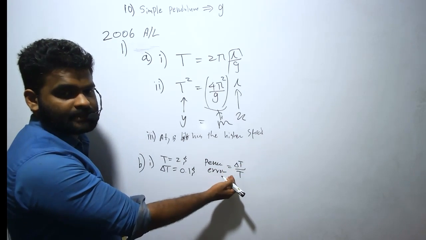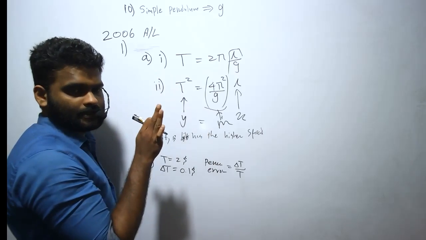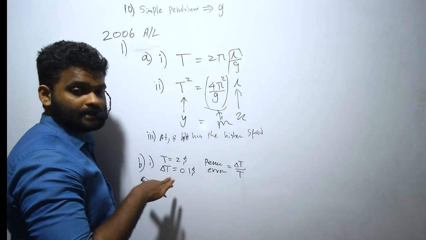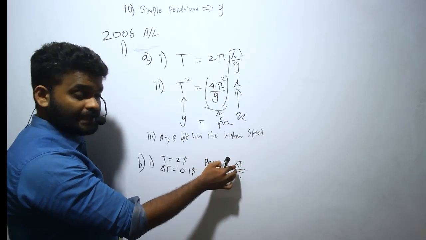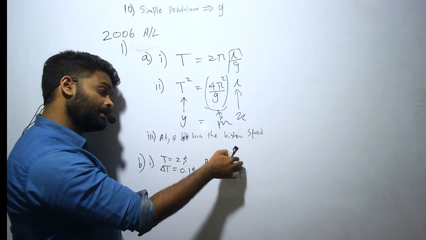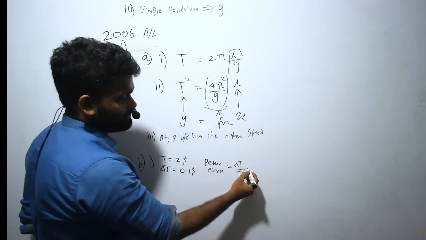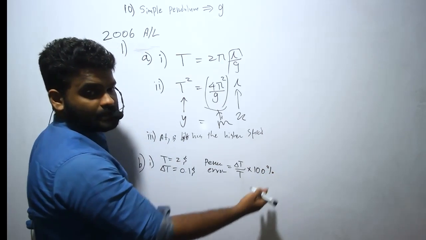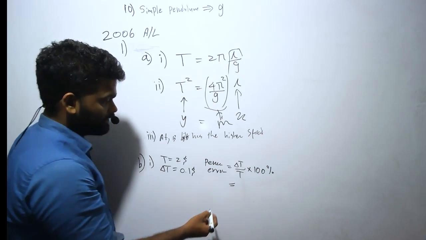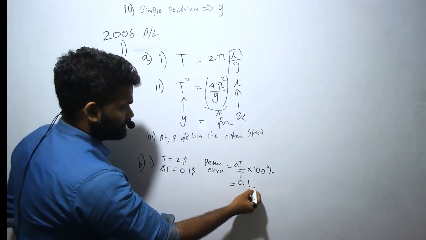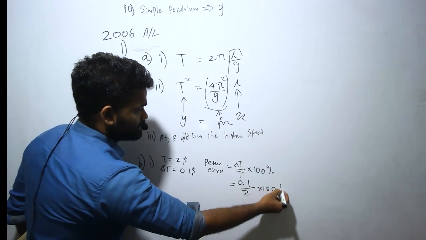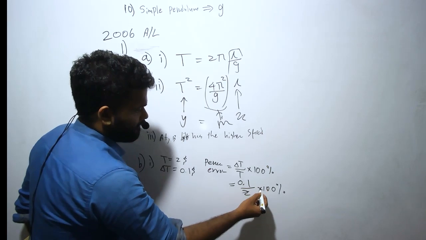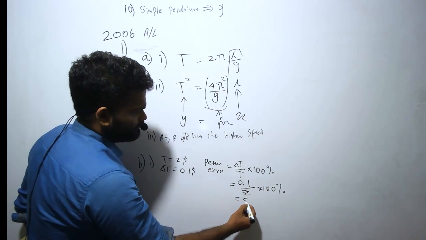This is the fractional error of the time period, not the time for 25 oscillations. To make it a percentage error, you multiply by 100%. So 0.1 over 2 times 100% is 5%, right?